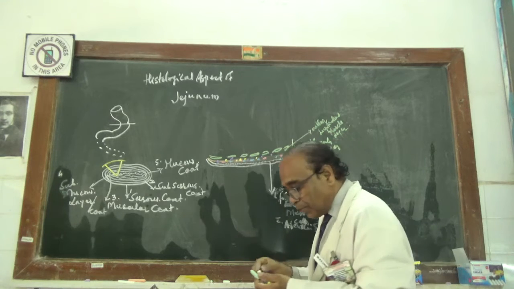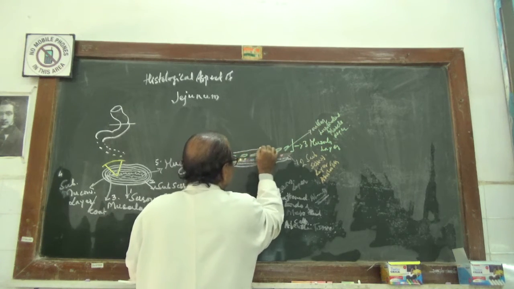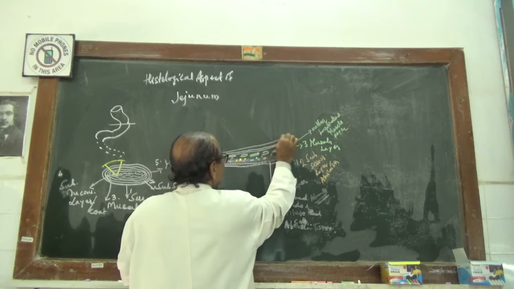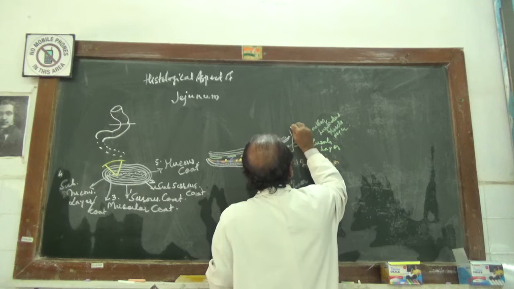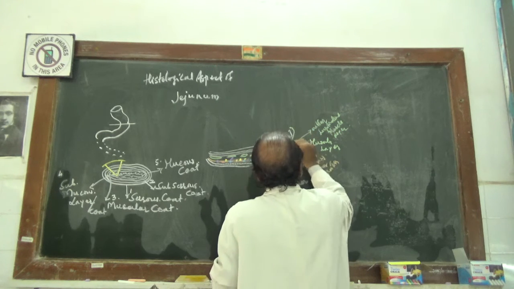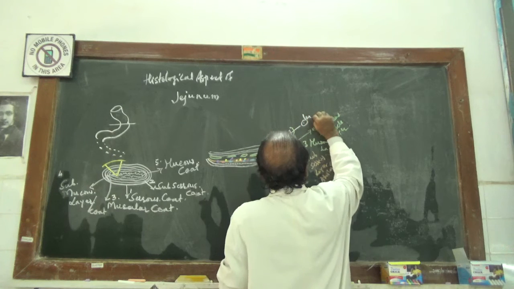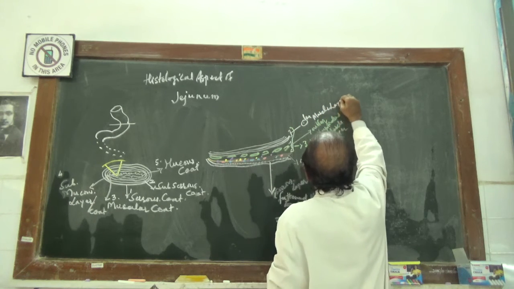Then you will have one more, that will be there like this. This will be the circular muscle layer.